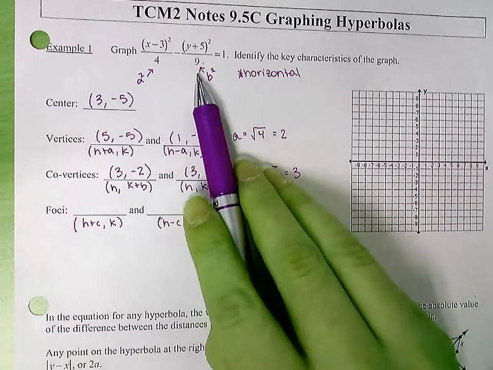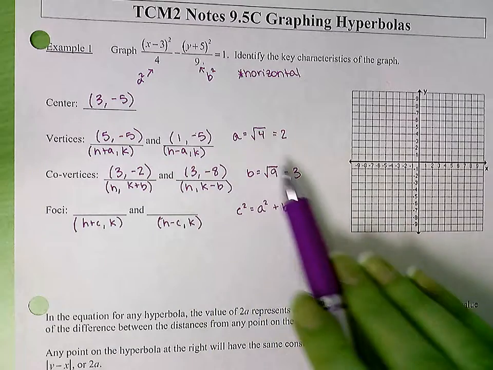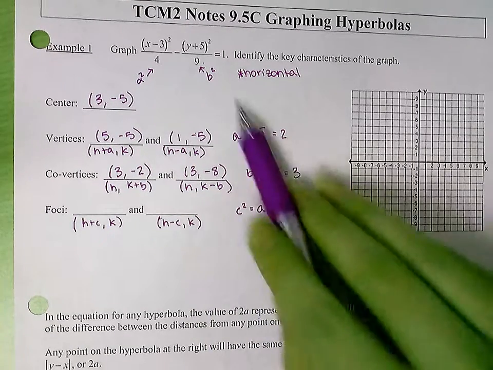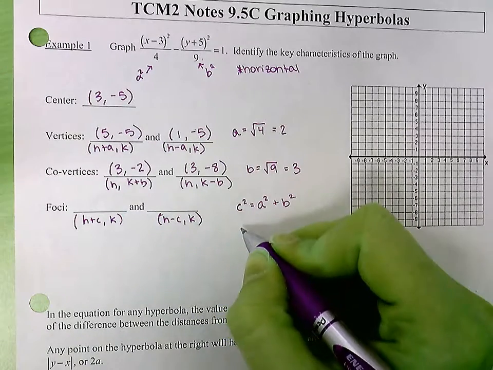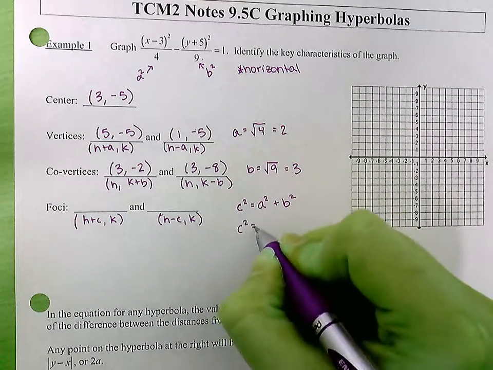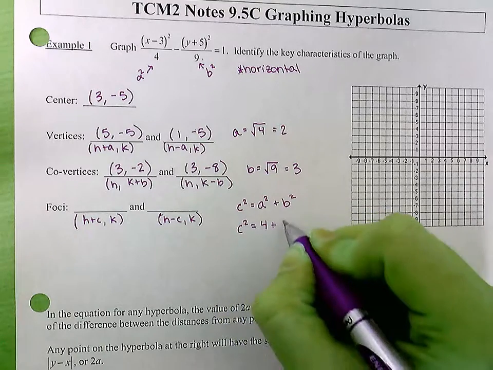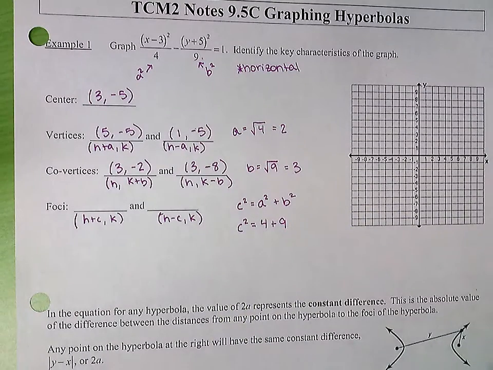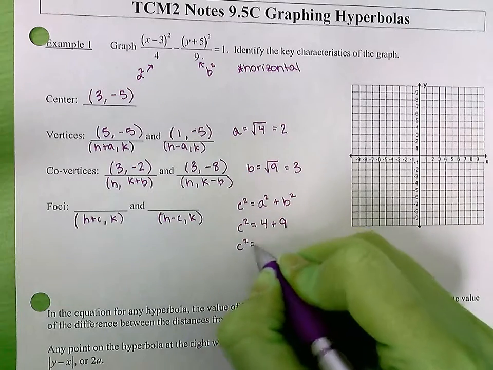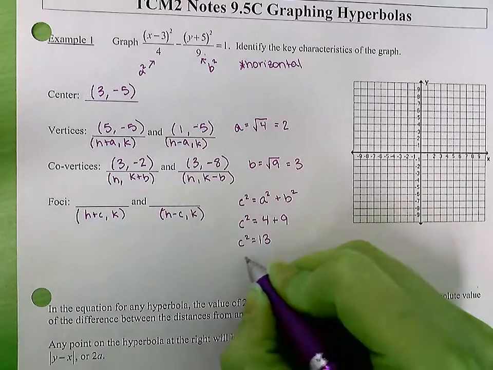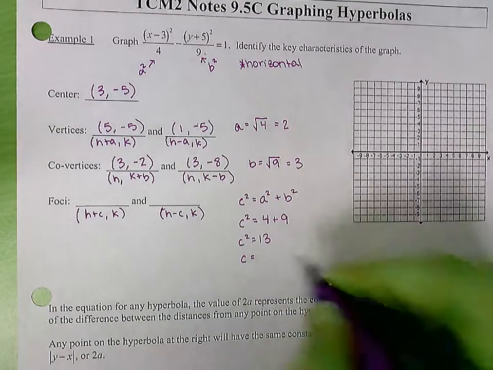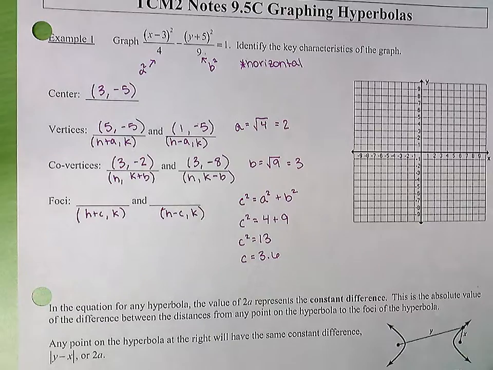Again, you can just take those from up here. If you happen to get a decimal for one of these, just use your whole number from up here. So we have c squared is equal to 4 plus 9, so c squared is equal to 13. Okay, we can take the square root. We're going to get a decimal, about 3.6.